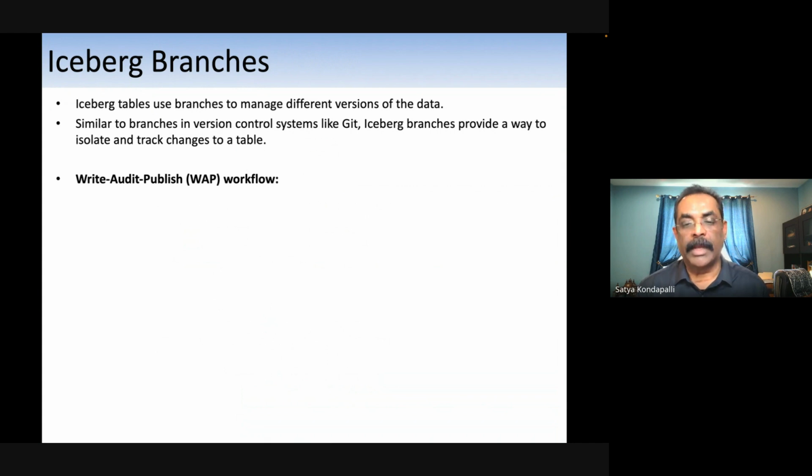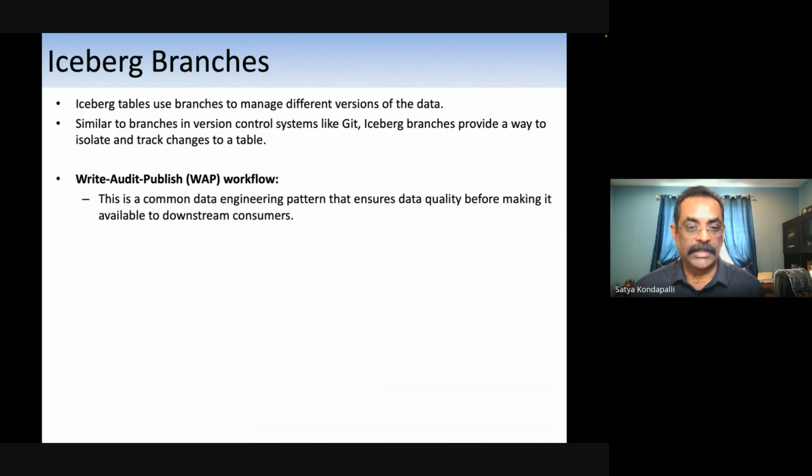Before that we need to take a backup and all kinds of stuff. And what if your ETL fails, right? Then you have to restore from backup and all this stuff. They need additional space. But with the WAP concept, it's part of branching.